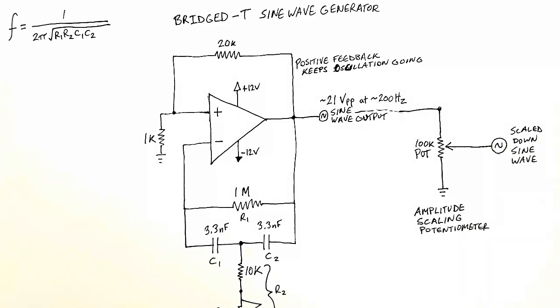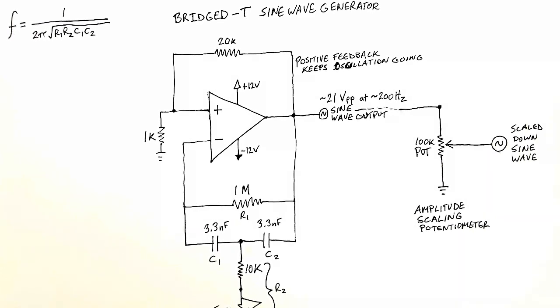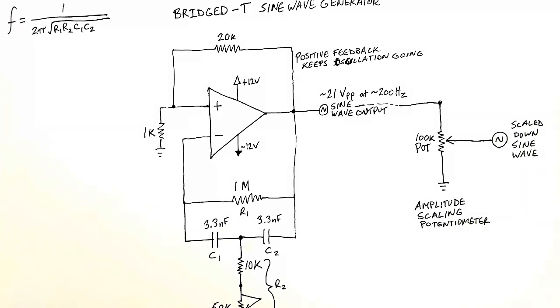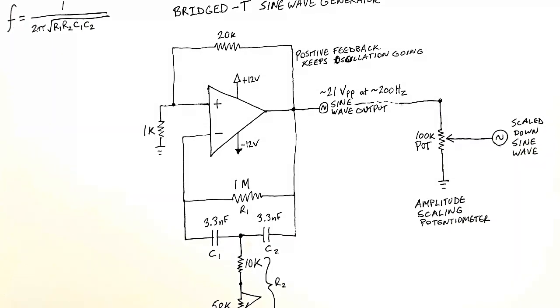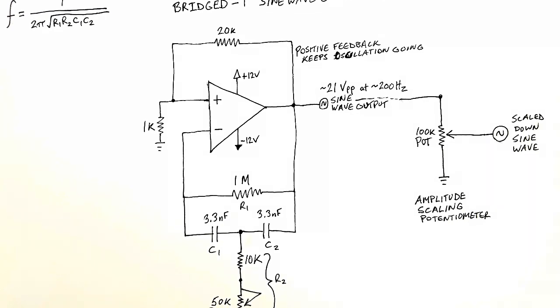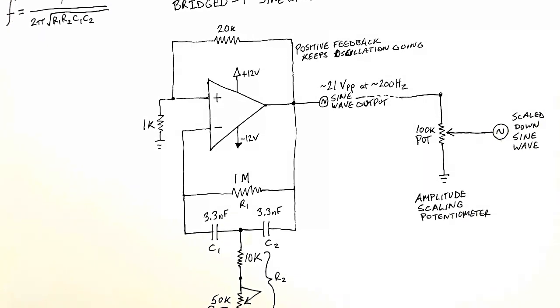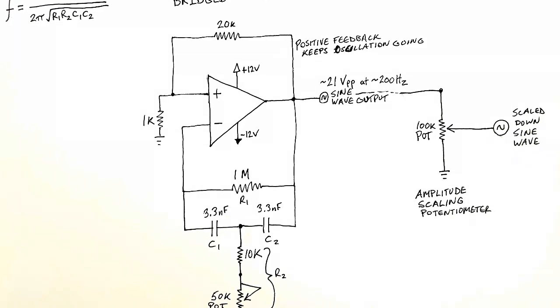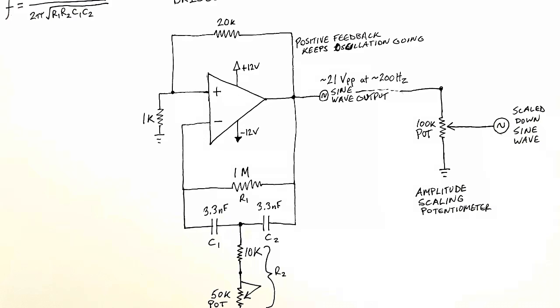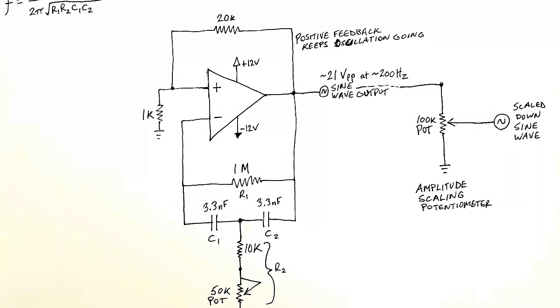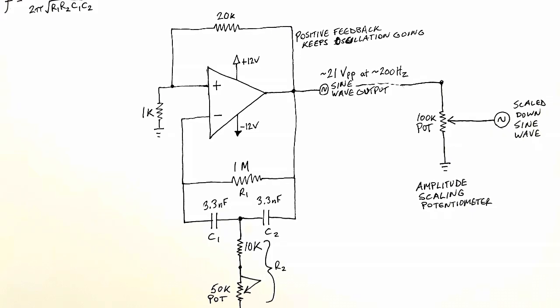However, when you modify the bridge T network and feed some of the output back into the positive or non-inverting input of the op amp, you can avoid having to trigger this, and it allows for a continued oscillation at the frequency determined by the resistors and capacitors you have in the negative feedback loop.